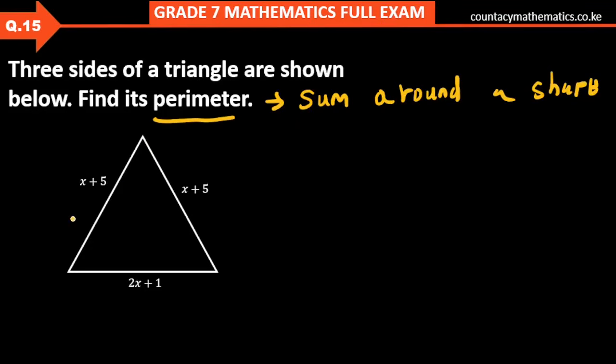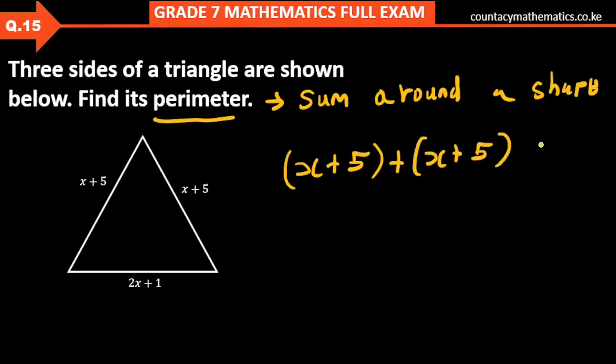So we are supposed to take everything the way it is. So if it is x plus 5, we pick it x plus 5, and then we add to x plus 5, and then we add to 2x plus 1. So once we have something like this, we can put the like terms together.